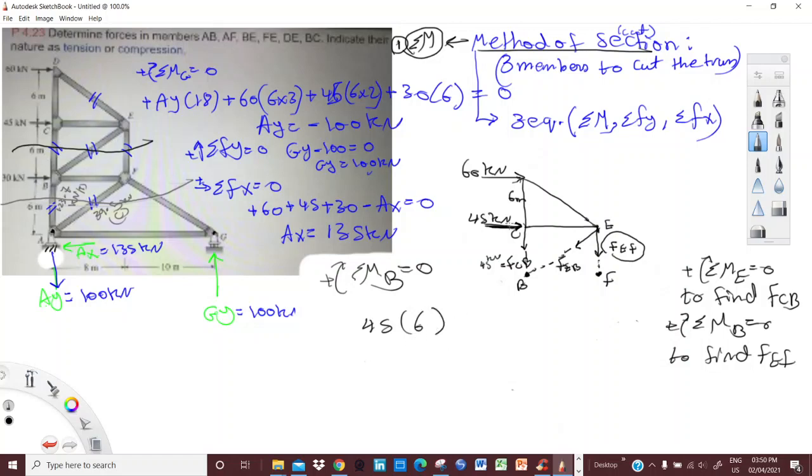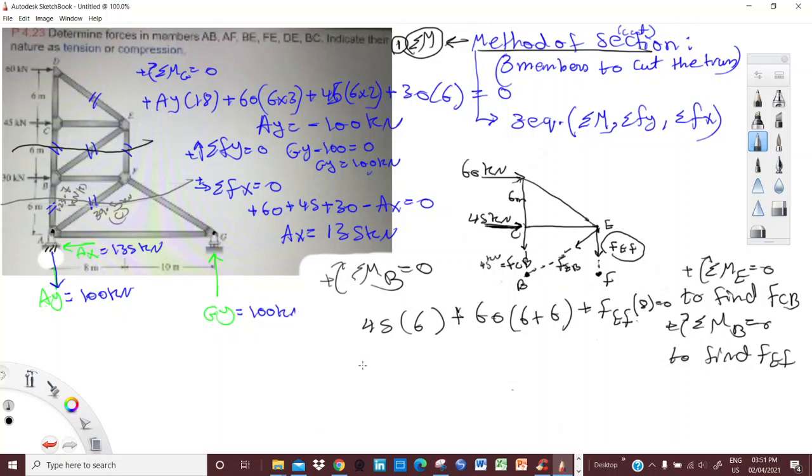Then 60 times 6 plus 6, this distance 6 meters, clockwise so positive. Plus FEF at B, going clockwise, times its distance of 8 meters, equal to 0.